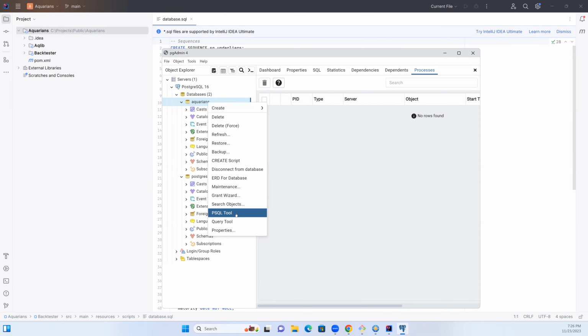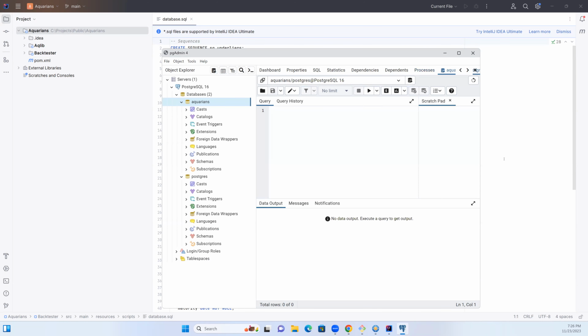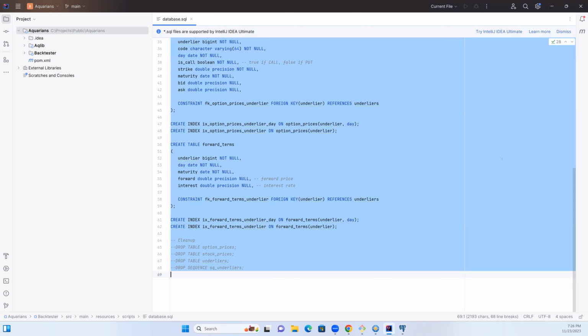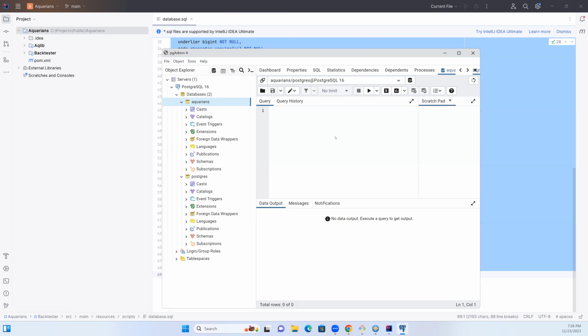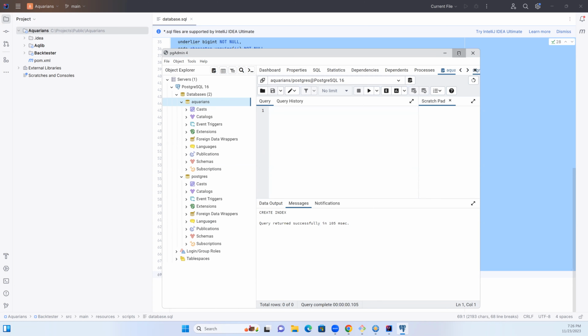Right-click, query tool, and just copy-paste all of database.sql into this window and run. This has created the database structure.